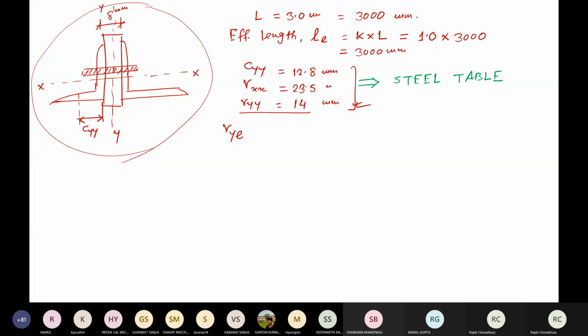But with this individual angle, the gusset plate is also attached, which has not been included in the radius of gyration calculation.